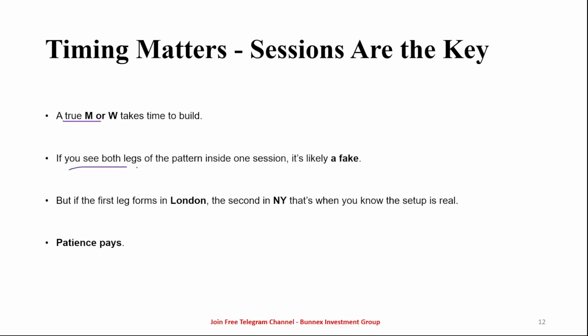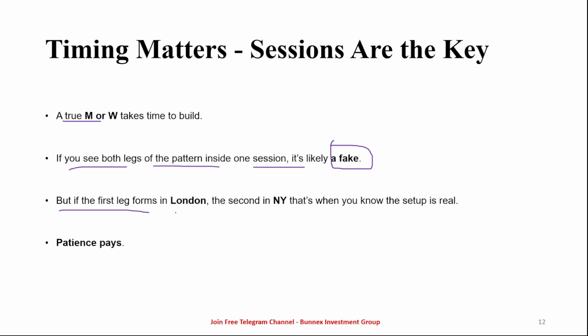If you see both legs of the pattern inside one session, it's likely a fake, right? I've seen a lot of traders seeing a pattern in one session, say in London or in the US. Usually that trade will be a loser, because true M and W's take time to form.